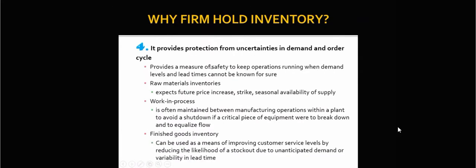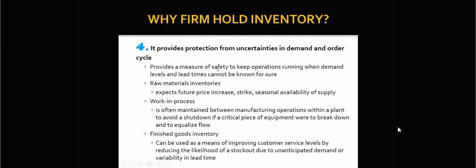Okay. Kenapa? Why firm hold inventory? It provides protection from uncertainties in demand and order cycle. So bila kita ada inventory, dia akan memberi perlindungan terhadap ketidaktentuan penawaran. Okay, demand yang tak tentu. Okay, so provides a measure of safety to keep operations running when demand levels and lead times cannot be known for sure.